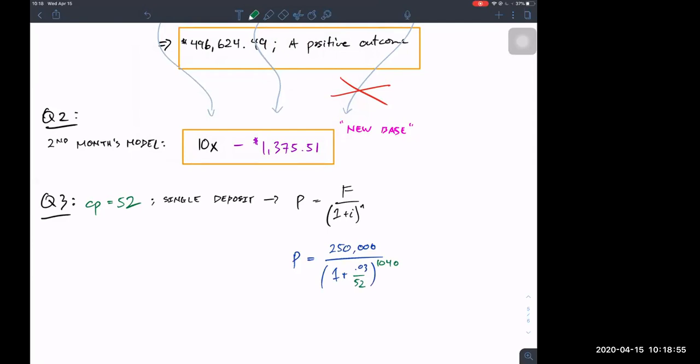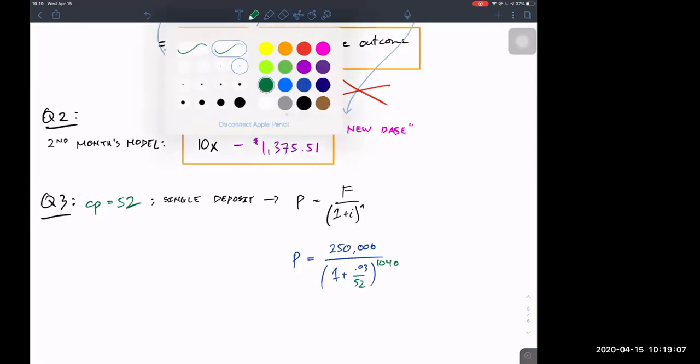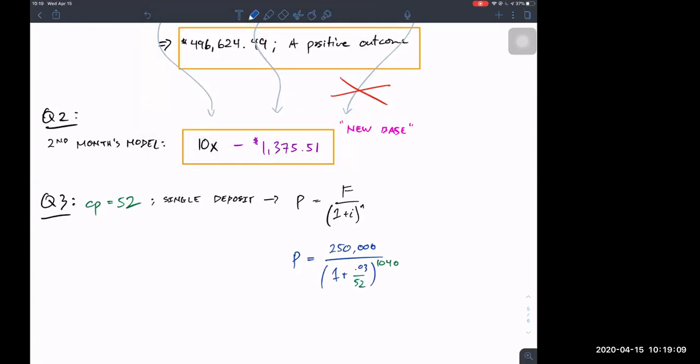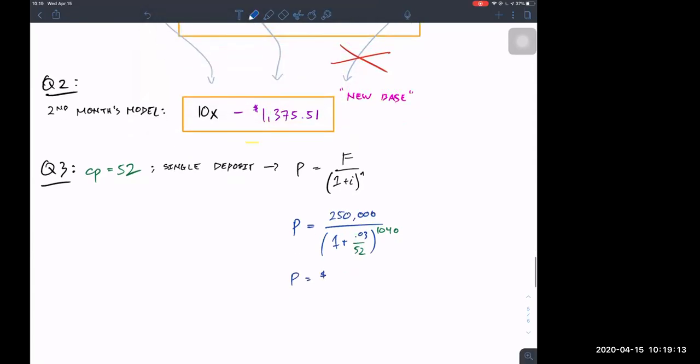So that's good there. I do this in advance, and then this came out to, make sure I did this right, copy it right, 137,226.65. Okay.